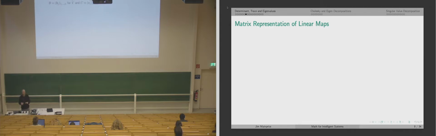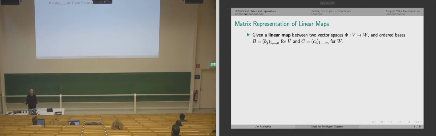Generally, we define linear maps by just the linear property. So we have two vector spaces and a map phi, and we are just saying if we apply the map to two scaled, added vectors, then this is equivalent to having the map applied to the first vector and scaling that, plus applying the map to the second vector and scaling that.